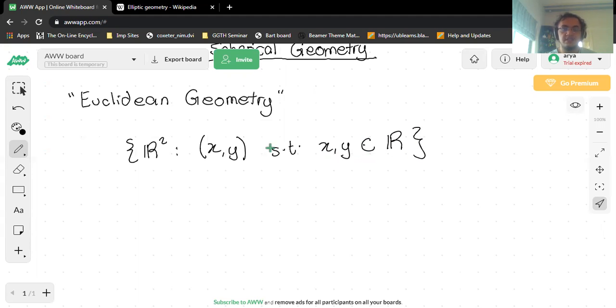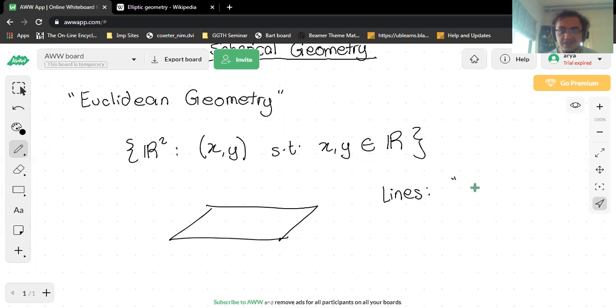So this is your set of points. Your set of points is a plane, and between any 2 points you have a well-defined notion of a line. So you have lines, and these are what we call the straight lines. Lines in R2.